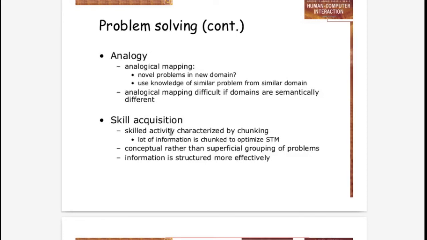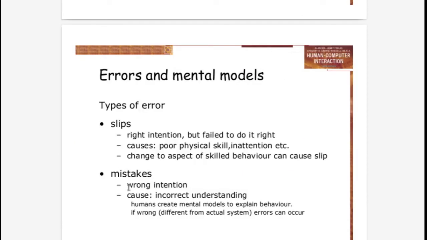So skill acquisition is redoing familiar problems, where we have errors and mental models.